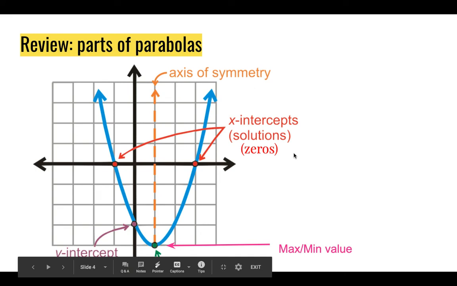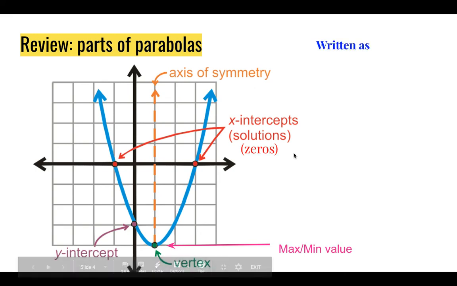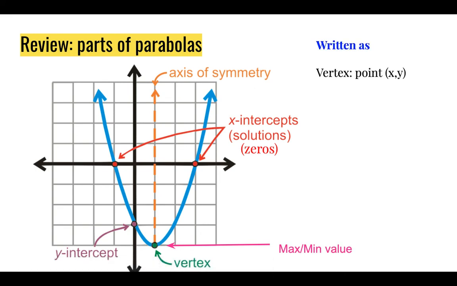So just to go over how we write these, so what form they look like. The vertex is a point, so it has to be written in the form your x-coordinate, comma, your y-coordinate. Don't forget that your horizontal axis is your x, and your vertical axis is your y-axis.